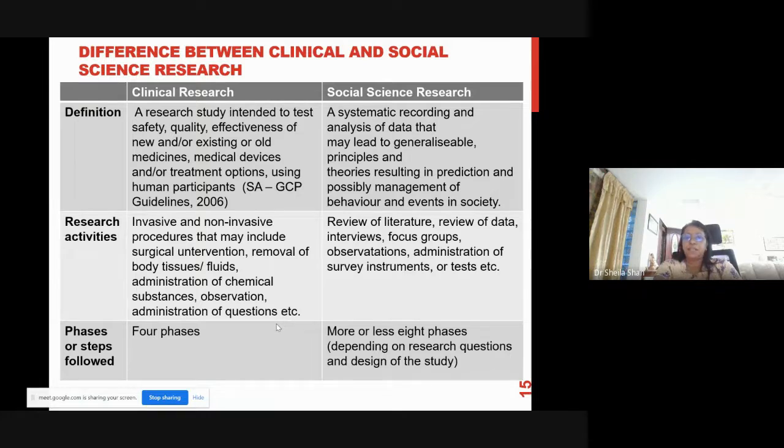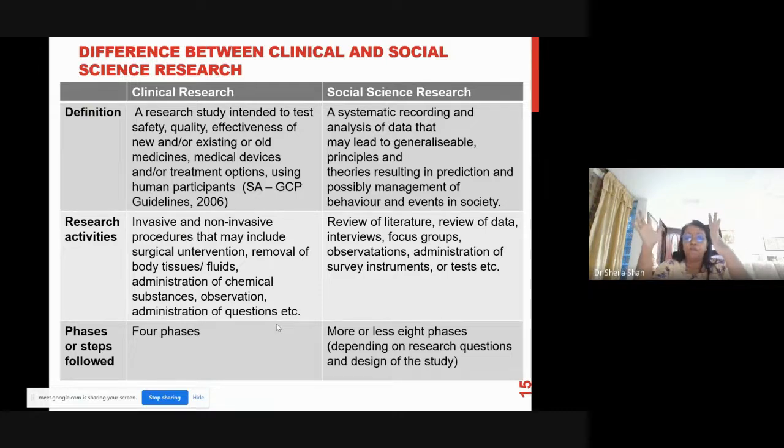You will do a lot of review of literature, review of data, interviews, focus groups, observation, and instruments. All this I will explain later in other classes. And you have 8 phases, depending on your research question and the design of the study.